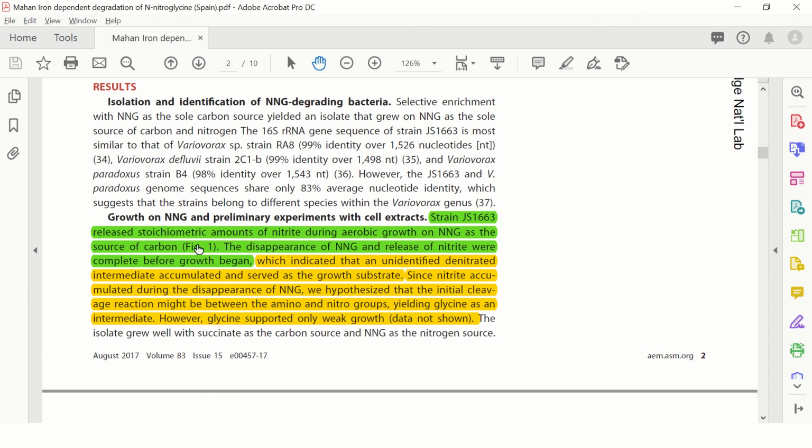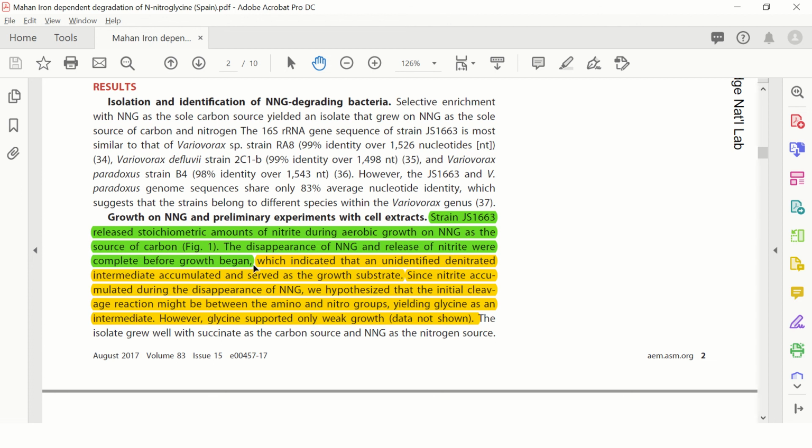In the paper that this figure is from, here's the section where it discusses figure 1. They say, much more succinctly than I did, that strain JS1663 released stoichiometric amounts of nitrite during aerobic growth on NNG as the source of carbon. The disappearance of NNG and release of nitrite were complete before growth began.